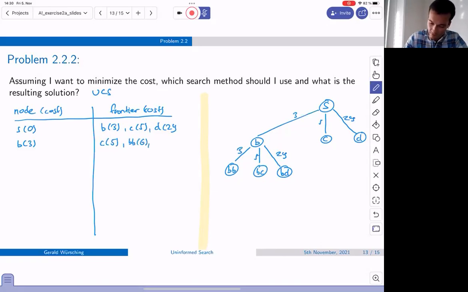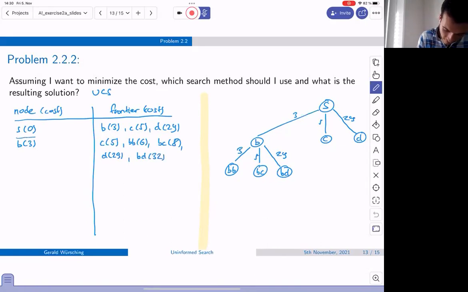The next one is BC, which is 3 plus 5, that's 8. The next one is D from the previous step, which is 29. And the last one is BD, which is 32 in this case.